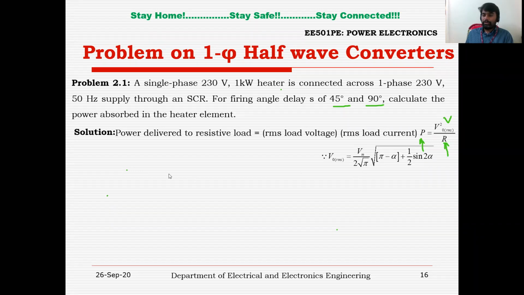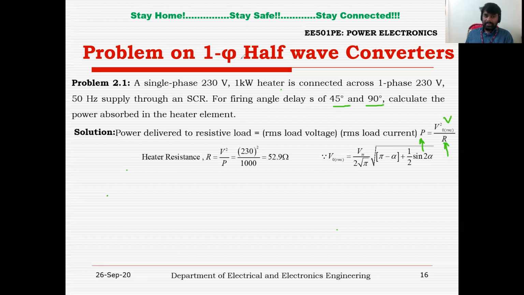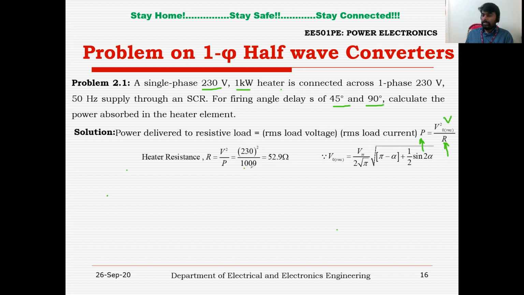Now the heater resistance you can calculate. The rating mentioned is 230 volts and 1 kilowatt. V square divided by the power rating of the heater gives the resistance value, which is 52.9 ohms. So we have calculated this R.